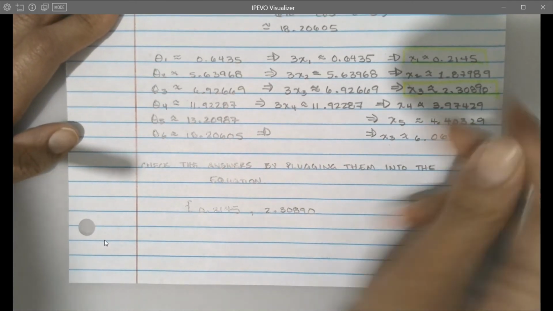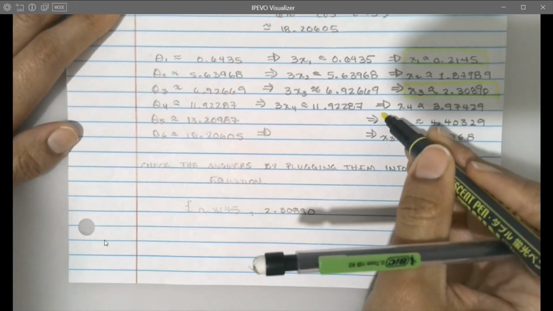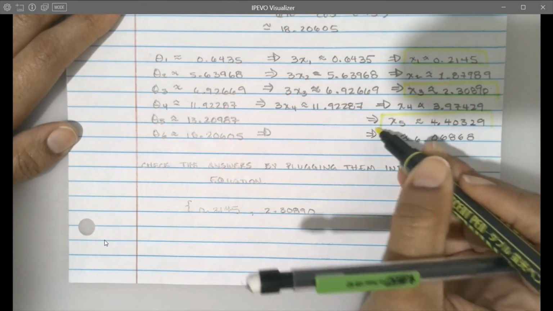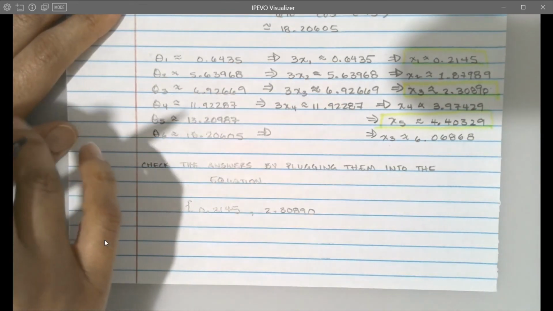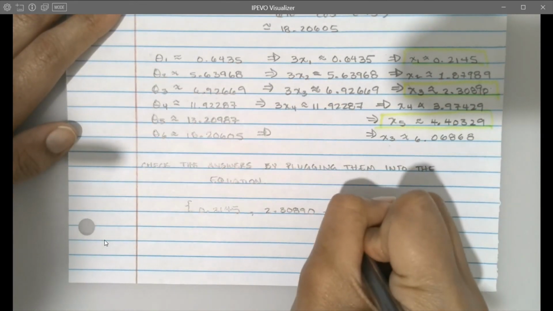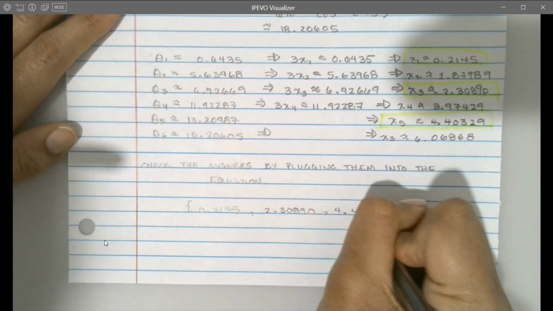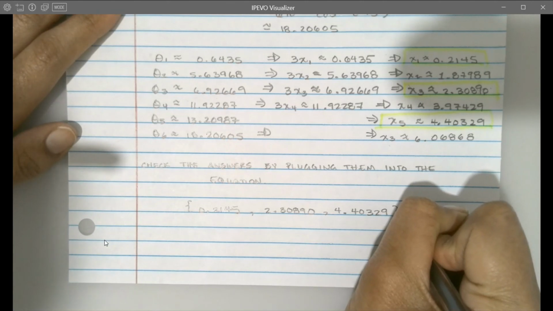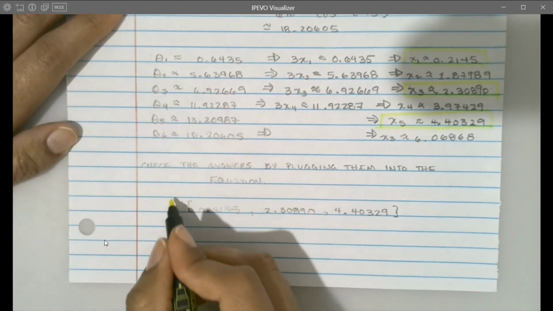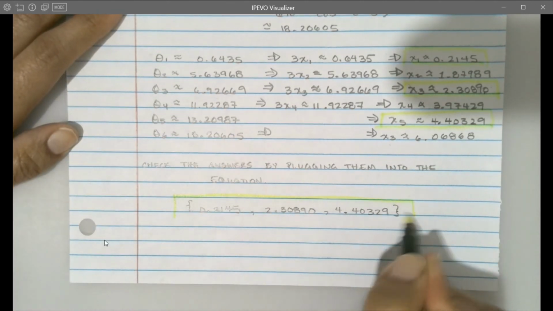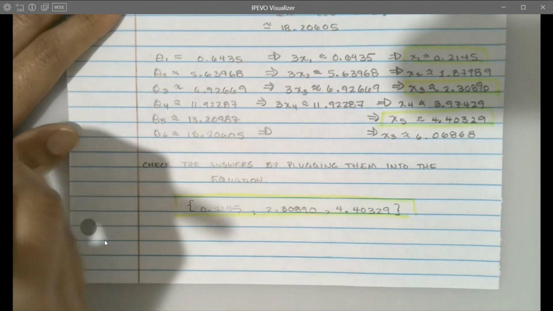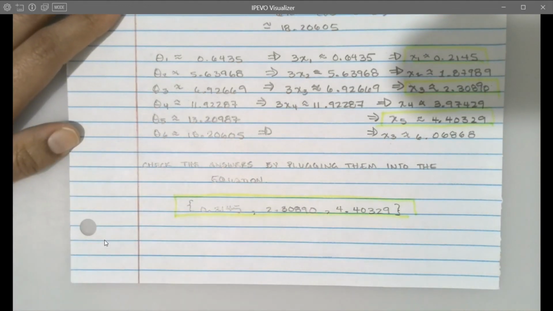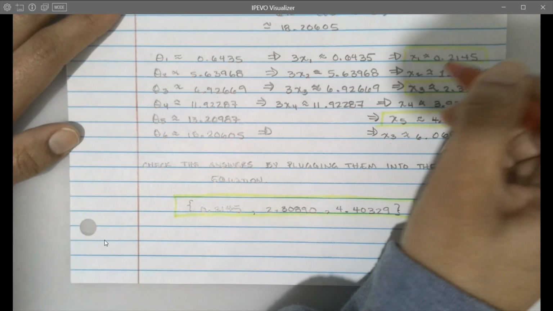And the last true solution is x5, the 4.40329. So written as a solution set, this is what the final answer would look like. The rest of the answers, x2, x4, and x6, these are false solutions.